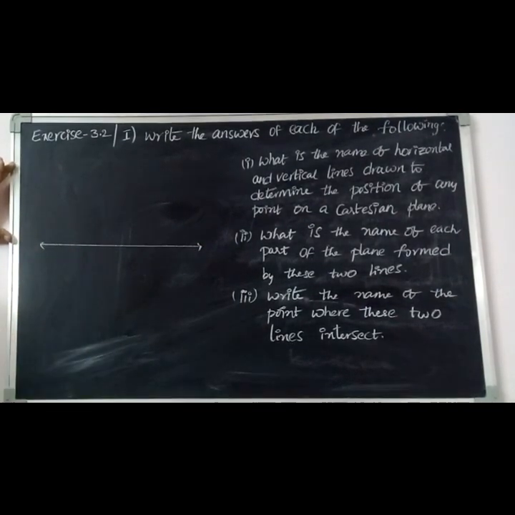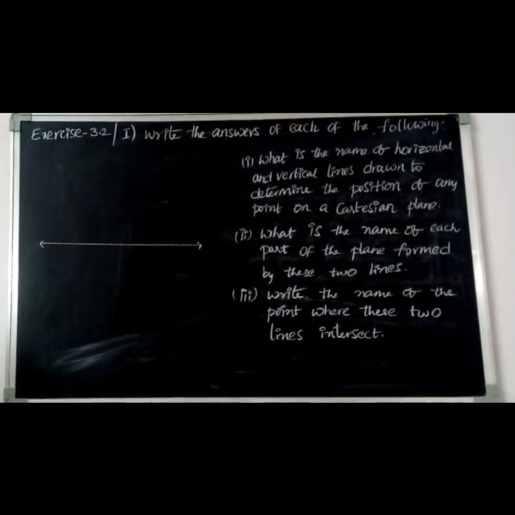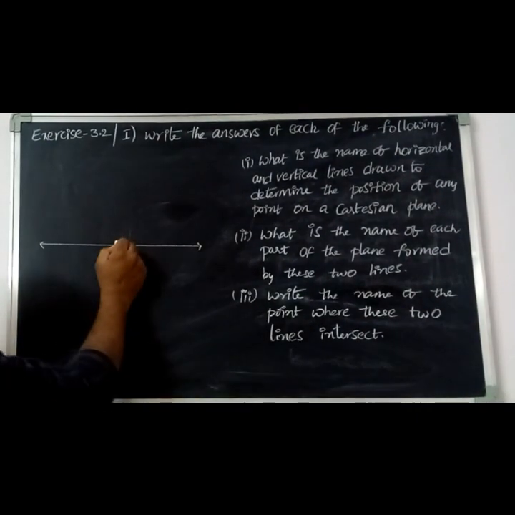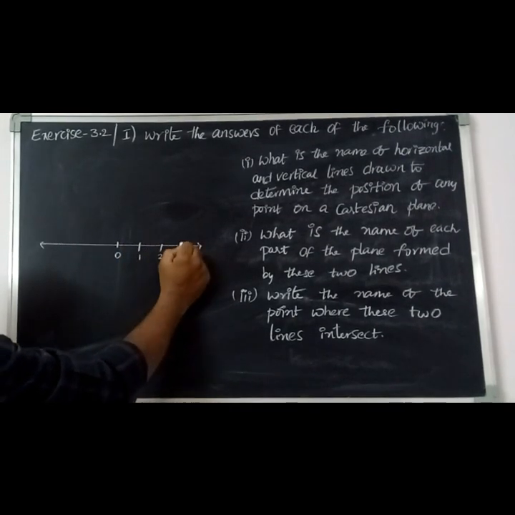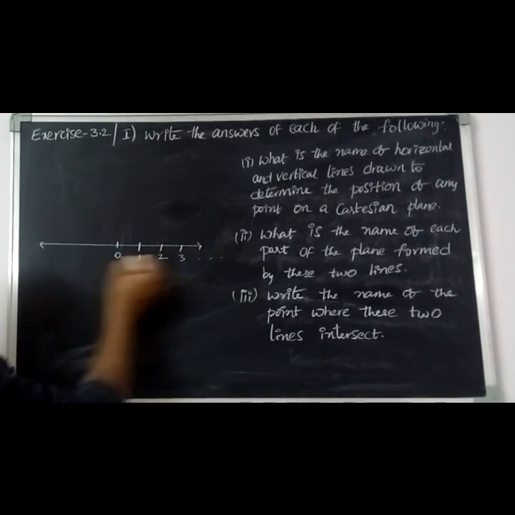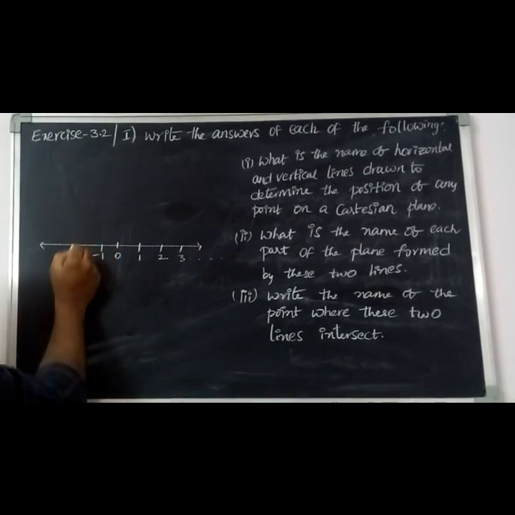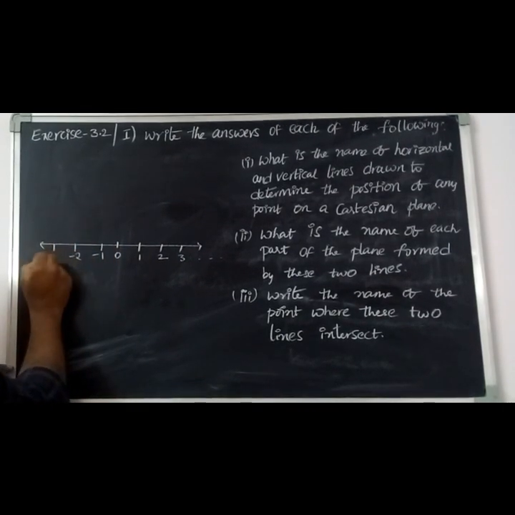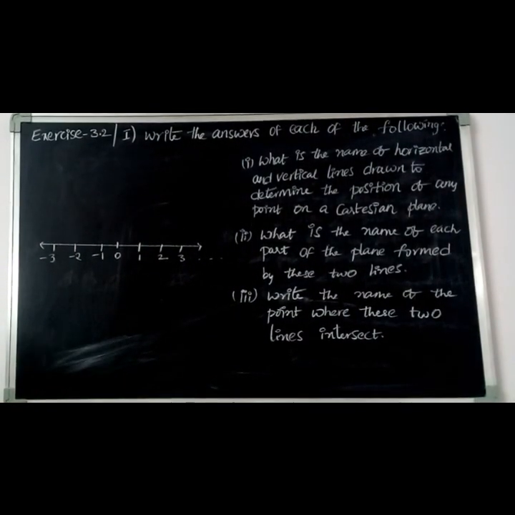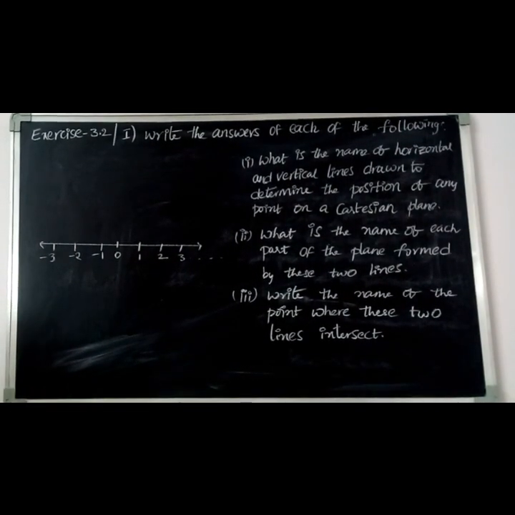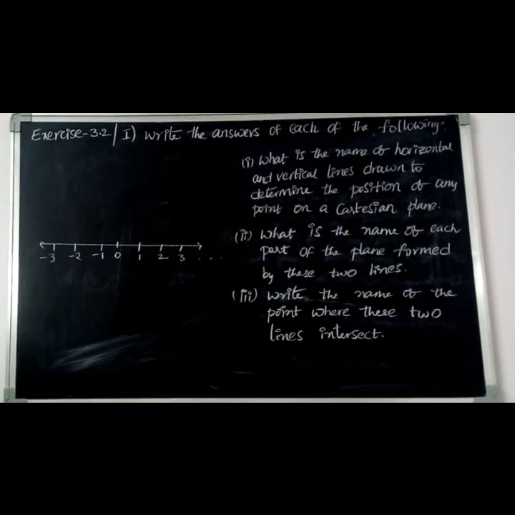Let us take one horizontal number line: 0, 1, 2, 3 and so on, and here -1, -2, -3. This is a horizontal number line. As you have all learned about number lines in your previous classes, you know what a number line is.